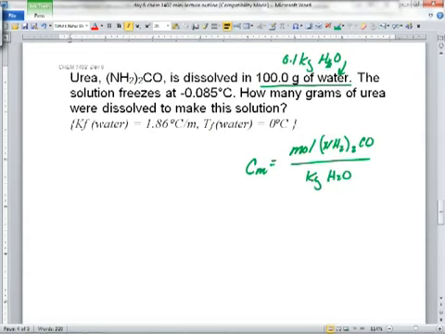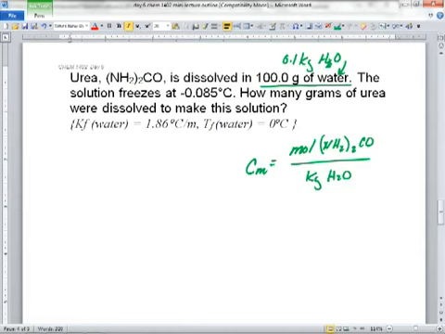It goes back to that class period where they're going to give us two, we solve for the third. We're going to figure out what CM is by using our delta T equation, right? They told us the kilograms of water, so we just solve for moles of urea. Converted it into grams.